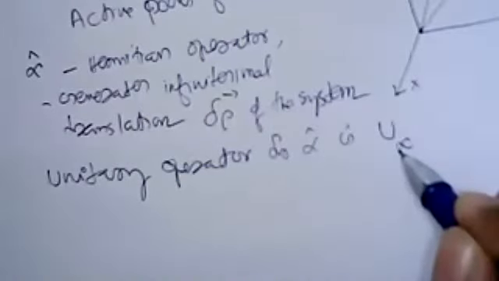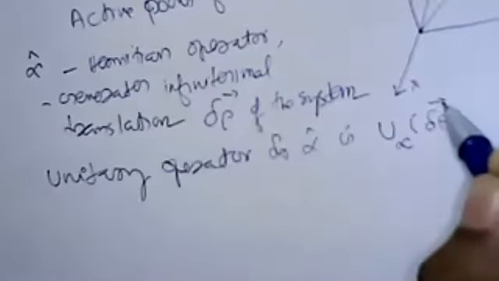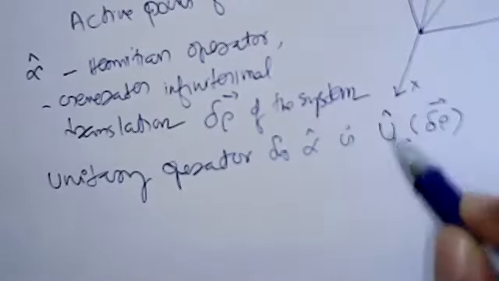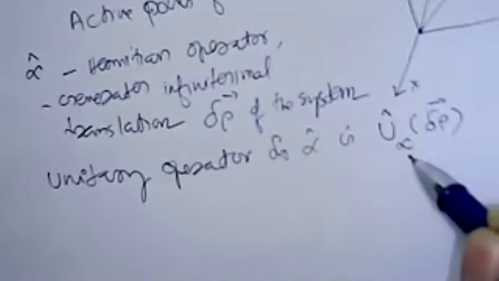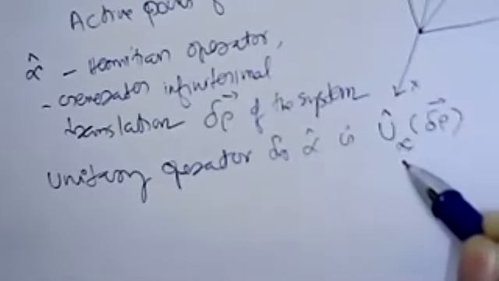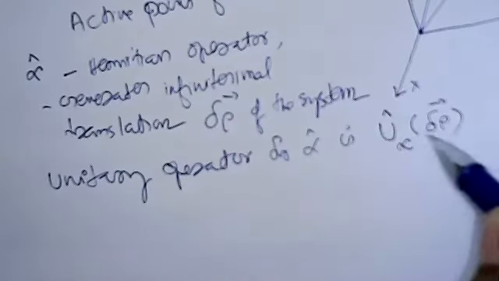And what is its job? It is doing a delta rho translation. So alpha generates U, so we call it U alpha, and it does a translation delta rho.